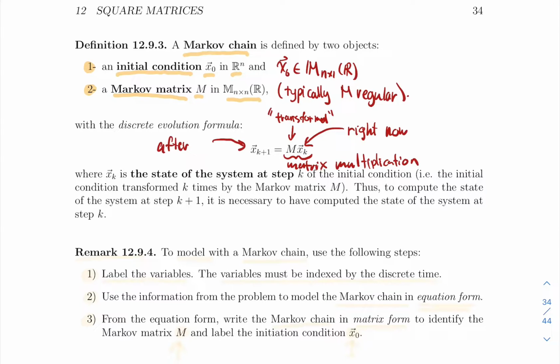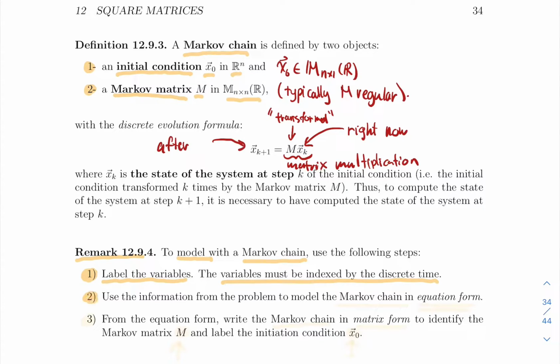Normally in a Markov chain problem, and I wrote this as a remark here, if you want to model something with a Markov chain, the first thing you should do is label the variables. Because the quantities are changing, these variables must be indexed by time. This will become a bit clearer with my example after.